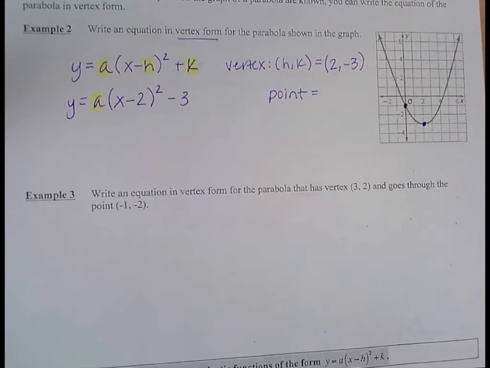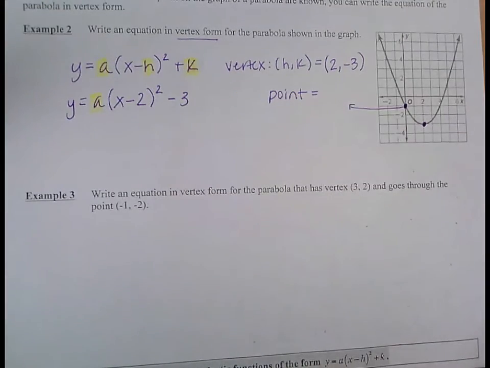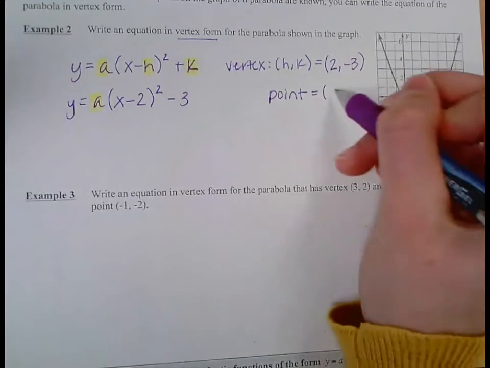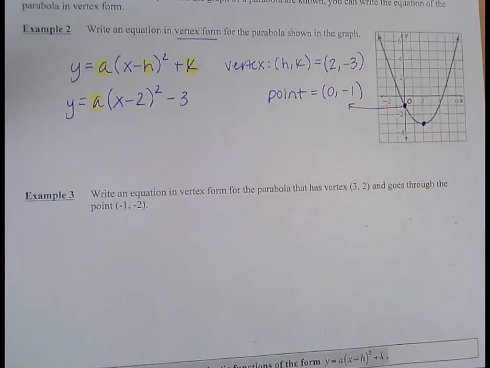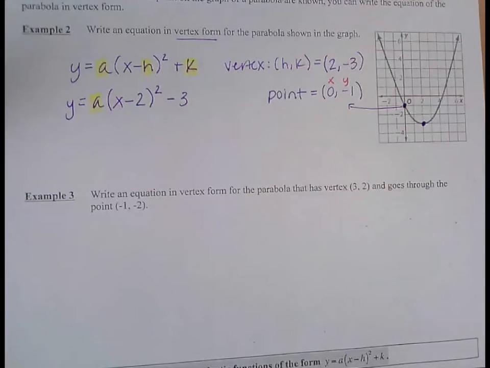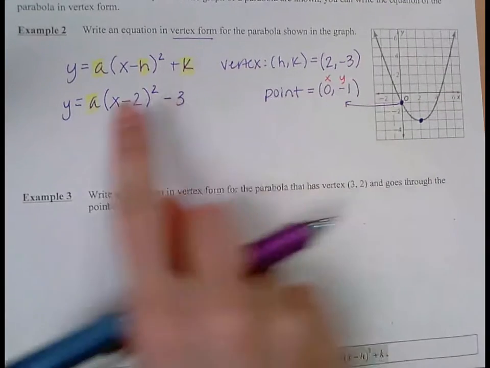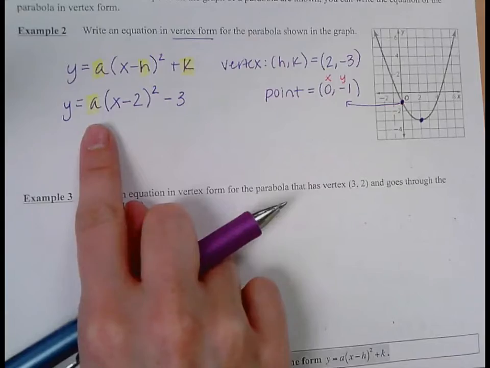You don't have to use the y-intercept, but we can see where it crosses on this graph, so we can use that point. That would be the ordered pair: x-coordinate is 0, y-coordinate is -1. And that gives you an x value and a y value that you can then plug into your equation for x and y to then solve for A.